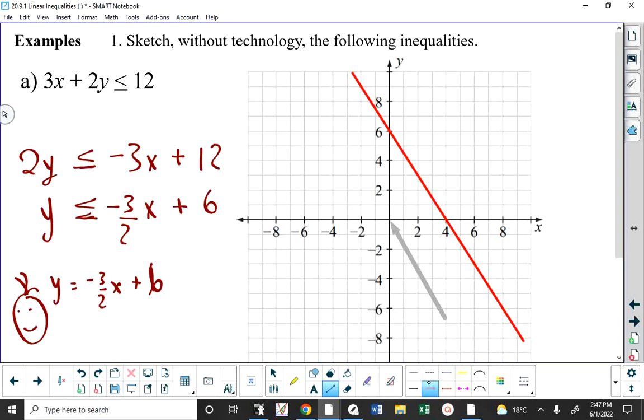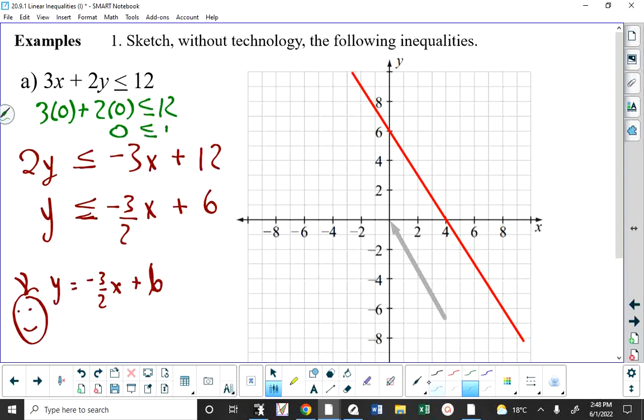If I put 0, 0 in, I will have 0 is less than or equal to 12. True or false? Well, it's true. It makes the inequality true. That means that we can shade below the line.